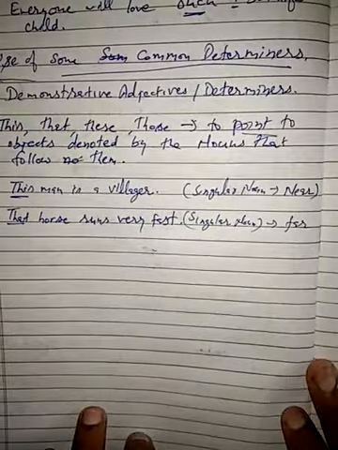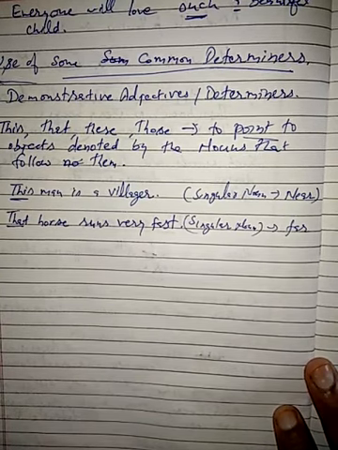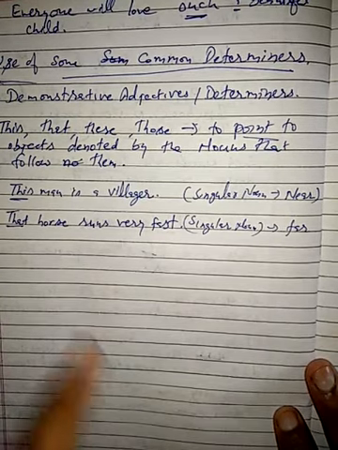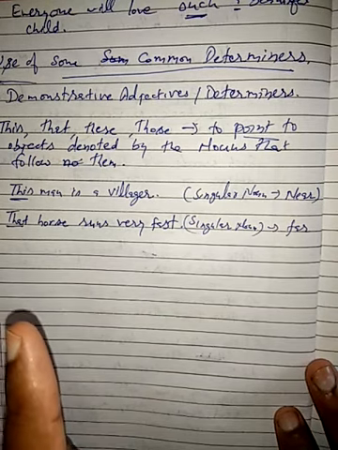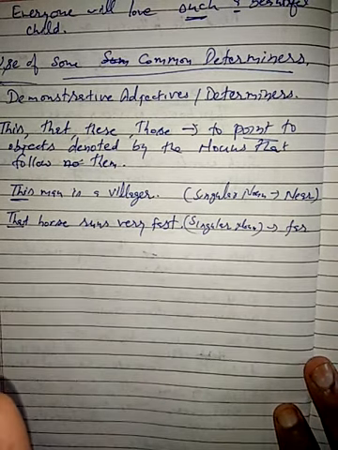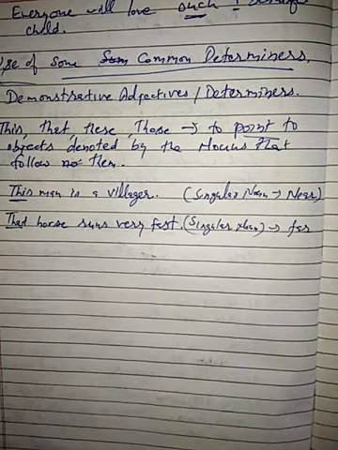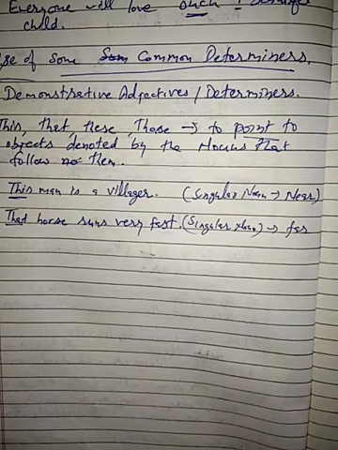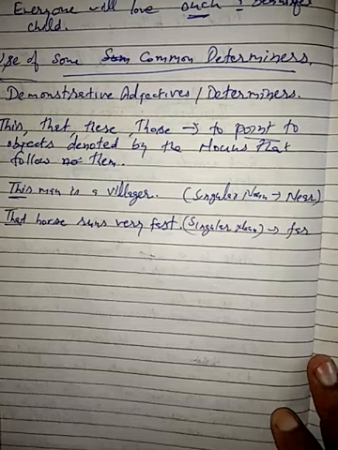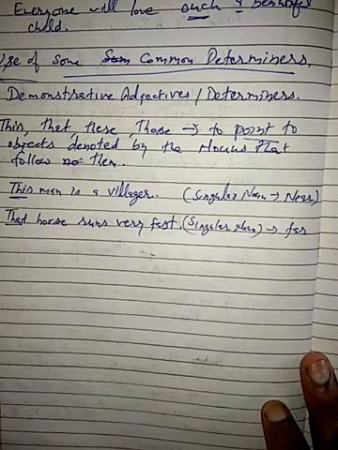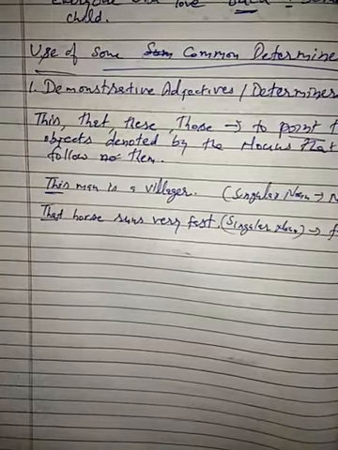When something is far and it is in singular form, and you have to point it out, you would use that. And when it is near to you and in singular form, use this. Okay, that is used for the noun that is quite far or at a distance. Okay beta.